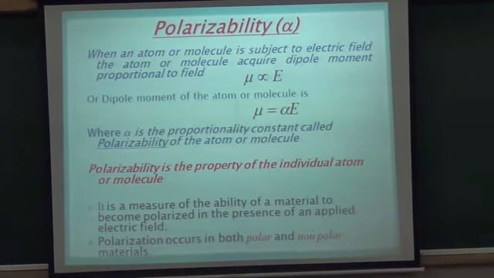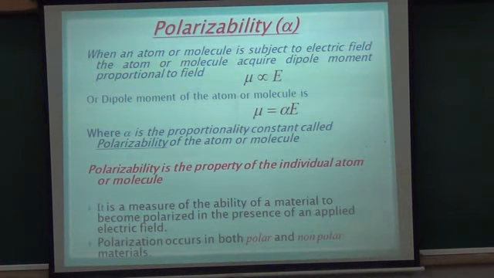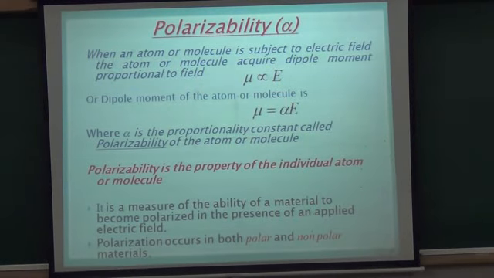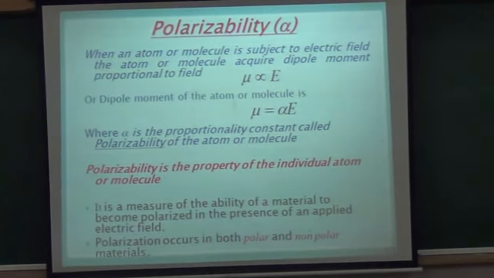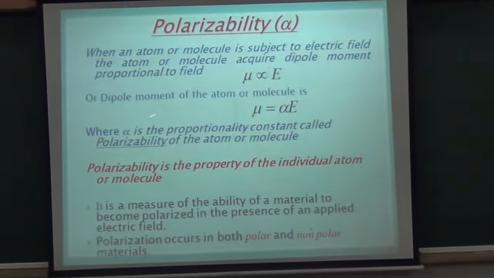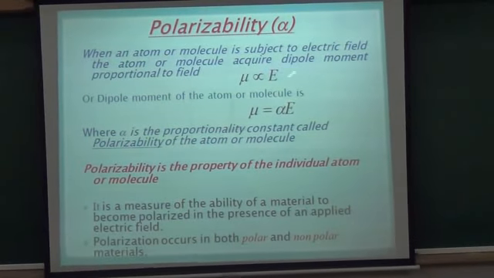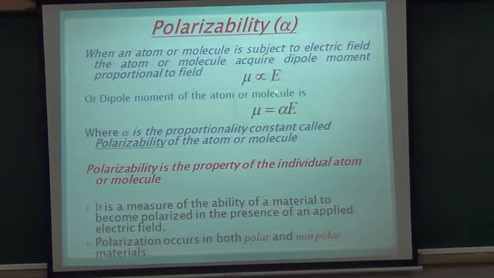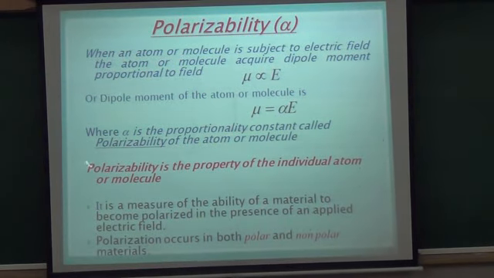So now, this polarizability will depend upon the external applied electrical field. More is the field, more the charges will be displaced, more dipole moment, and hence since my dipole moment is proportional to the applied electrical field, mu is equal to alpha E. This alpha is the polarizability of the atom or molecule.